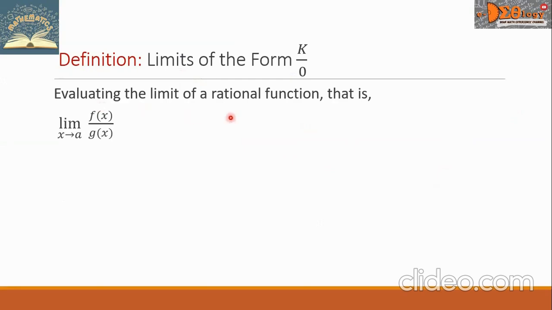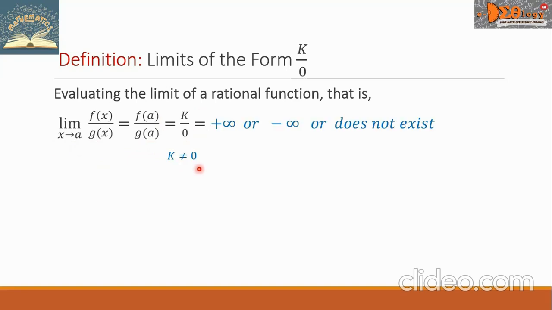Evaluating the limit of a rational function, that is, the limit of the rational function f of x over g of x as x approaches a, we can evaluate this limit by doing f of a over g of a. And sometimes the answer will have k over 0. The value k here is not equal to 0.